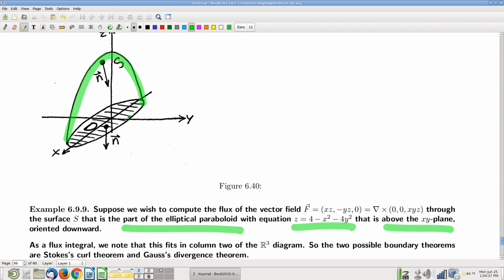So if I were to say the part of the paraboloid that's above the xy plane, some students, again, it's really easy to make this mistake, are thinking, okay, I have this great big solid down here, looking at the part above the xy plane, and then you see, okay, I have a lump. Oh, wait a minute. No, it's a surface. Okay, so it must be this paraboloid and this little bit of the plane underneath it. I think that's what's going on in the mind.